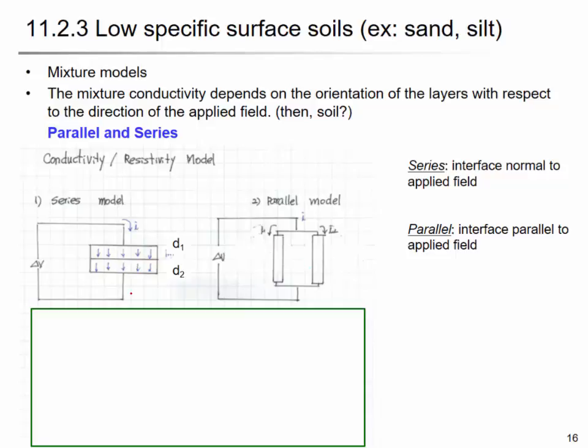Why don't you guys derive the sigma mix? If this one has the sigma 1 and sigma 2, and also this is sigma 1 and sigma 2.